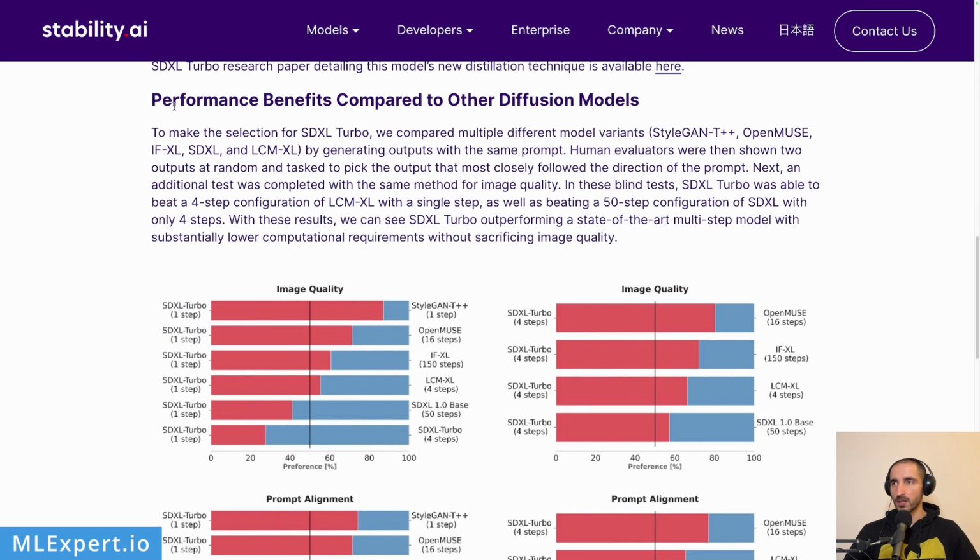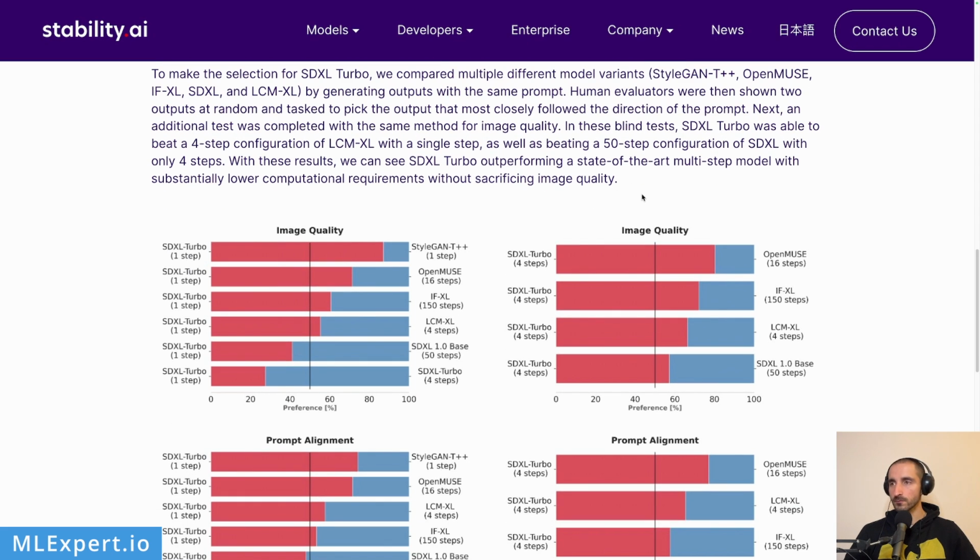So here they're comparing the SDXL Turbo model to other diffusion models, and you can see the comparison on image quality. On the left, you have the SDXL Turbo with a single step, and then other models, including the SDXL Turbo with 4 steps.